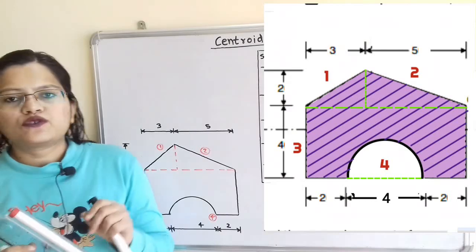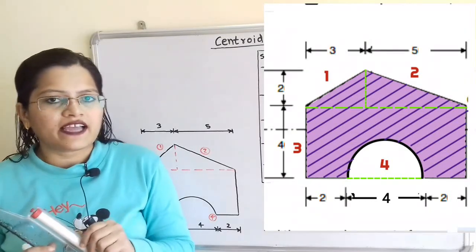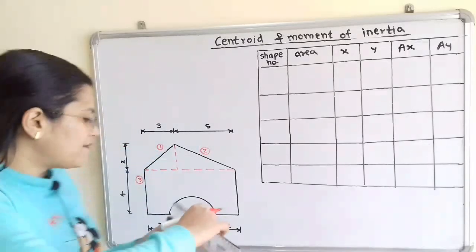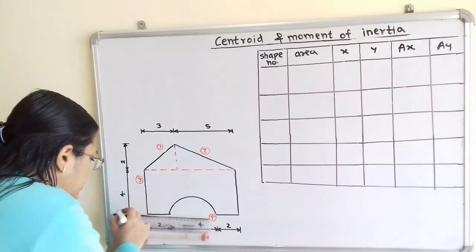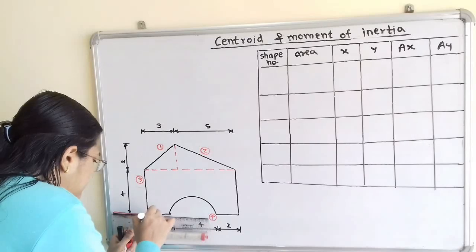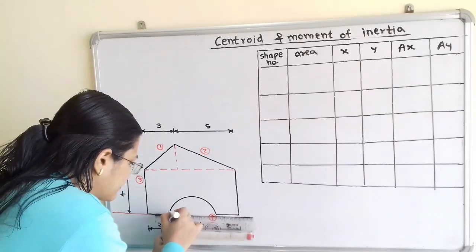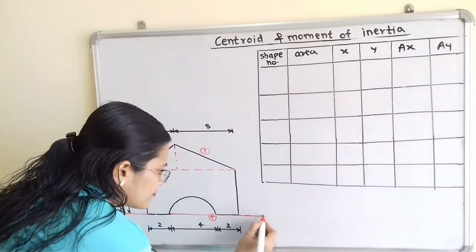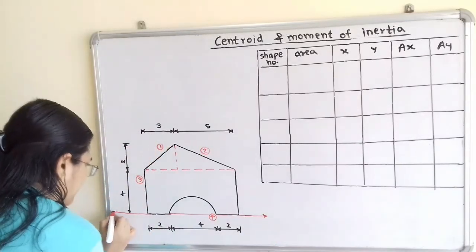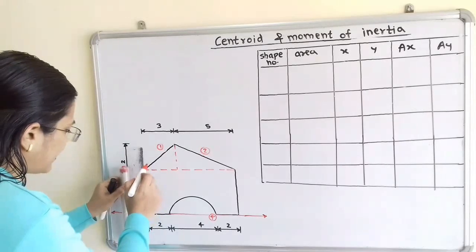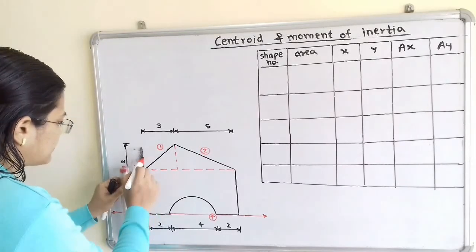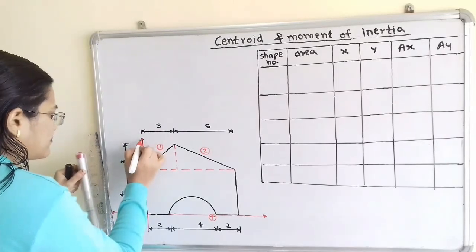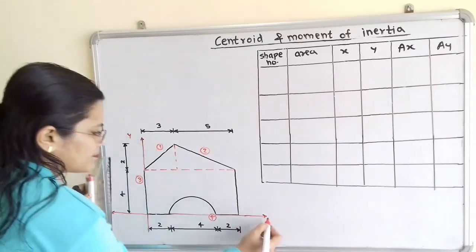Now the next step is to select the x-axis and y-axis so that the given shape will be in the first quadrant. So I will select this bottom horizontal line as the x-axis and this vertical line as the y-axis.